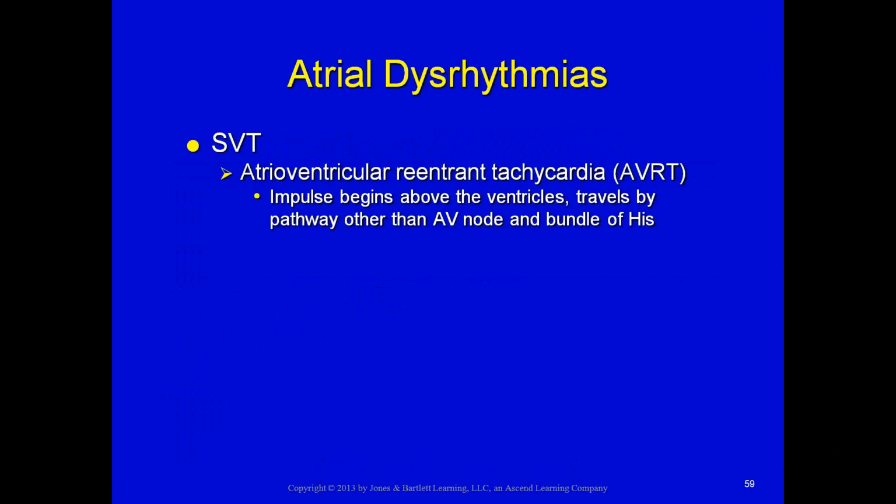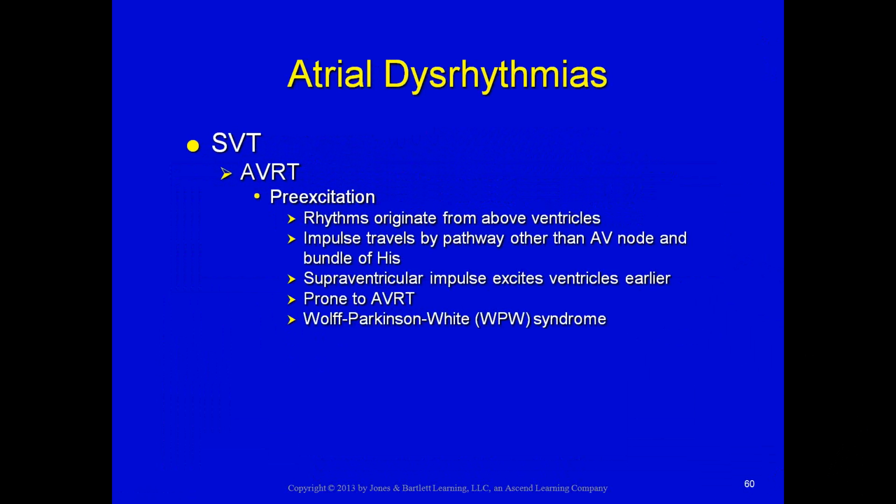AVRT, atrioventricular reentrant tach: the impulse begins above the ventricles and travels by a pathway other than the AV node and the bundle of His. So it bypasses the AV node and goes down the right and left bundle and through the Purkinje system.